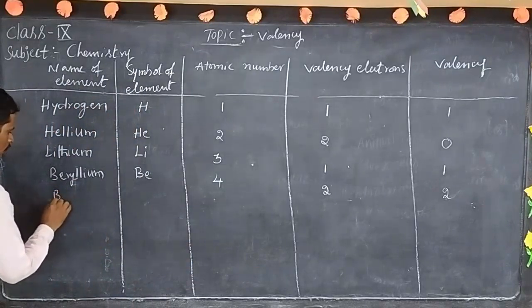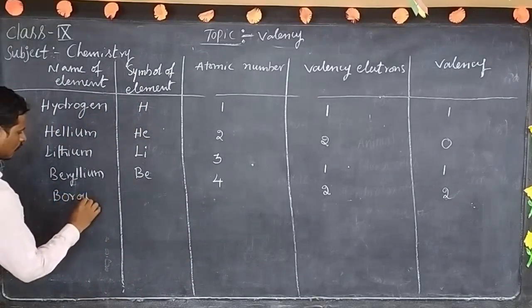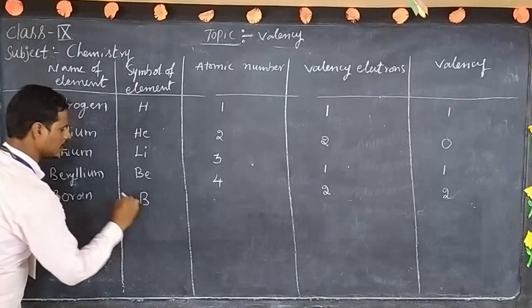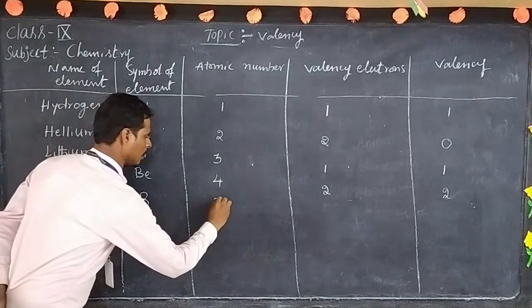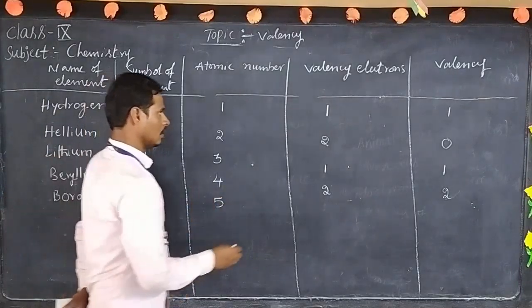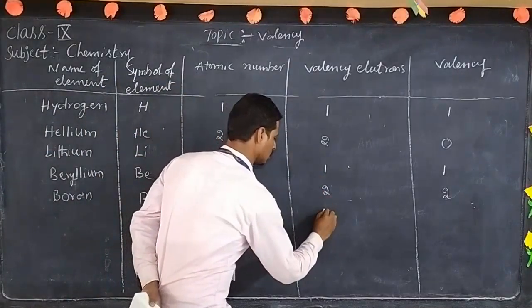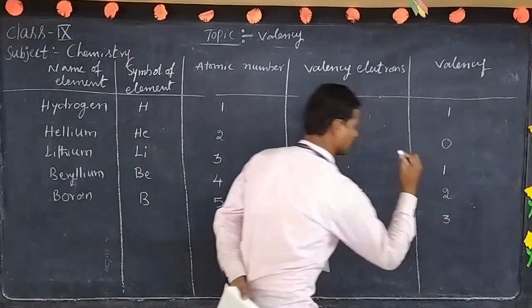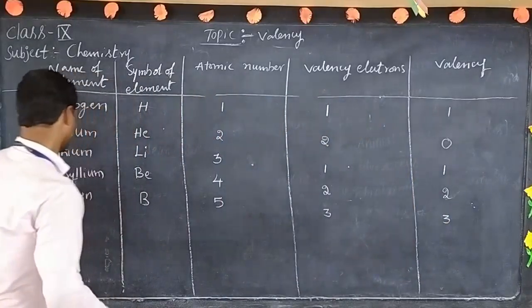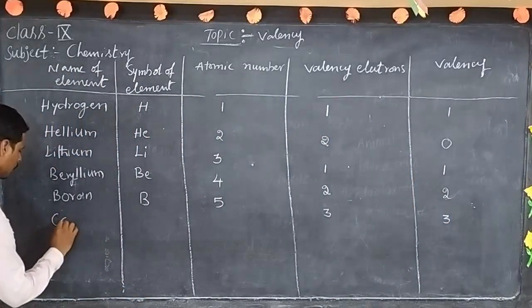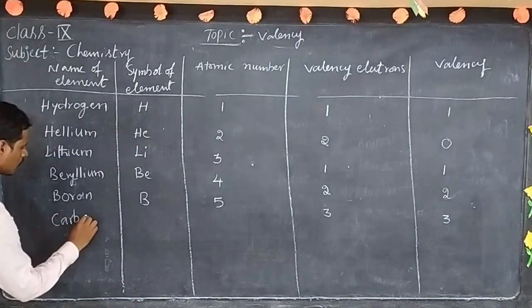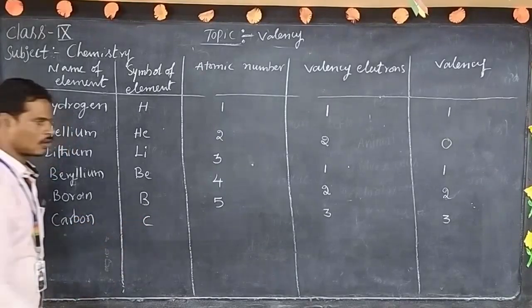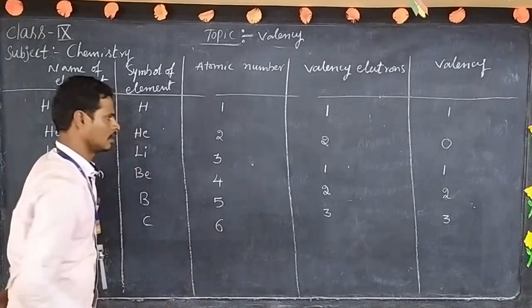Next, boron. Symbol of boron is B. Atomic number 5. Number of valence electrons 3. Valency 3. Next, carbon. Carbon symbol C. Atomic number 6.